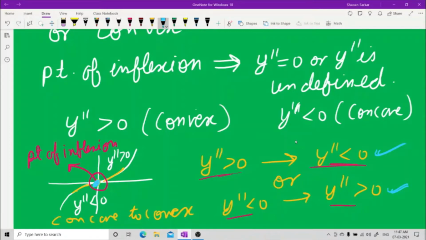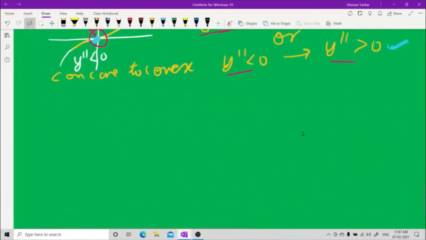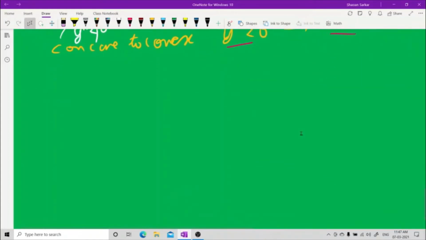Now I'll give you certain examples on this so that things are very clear. Let us take an example. Example 1. Let me take y is equal to x to the power of 1 by 3.